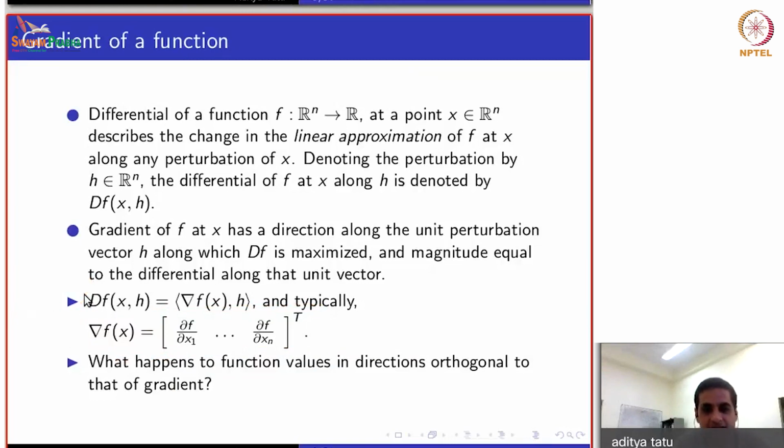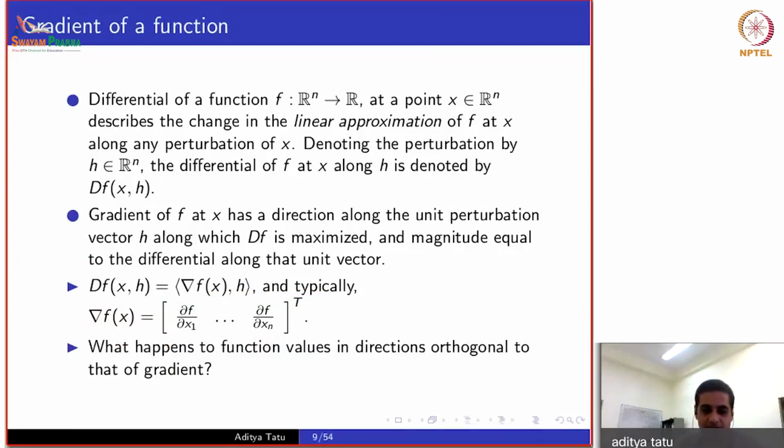Quick question. What happens to function values in directions which are orthogonal to that of the gradient? How will the function behave in those directions? Zero, right? Good. Locally, in the sense that if I take a small enough step in directions orthogonal to the gradient, then the function value will not change at all. That comes from this: the amount of change in the linear approximation of the function f is given by a dot product of the gradient and the perturbation vector.